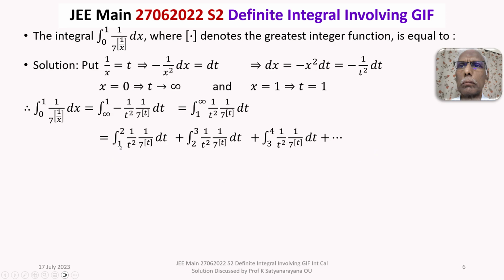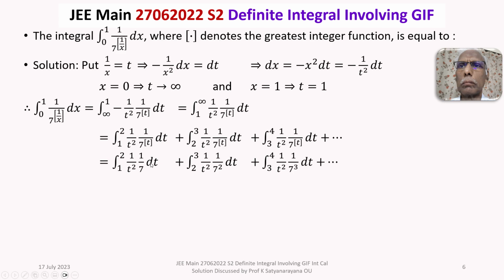Now in the interval 1 to 2, bracket t is the lower one, that is 1, so it will be 1 by 7 to the power of 1. In the interval 2 to 3, bracket t is 2, it is 1 by 7 square. In the interval 3 to 4, bracket t is 3, it is 1 by 7 cube, and so on and so forth.